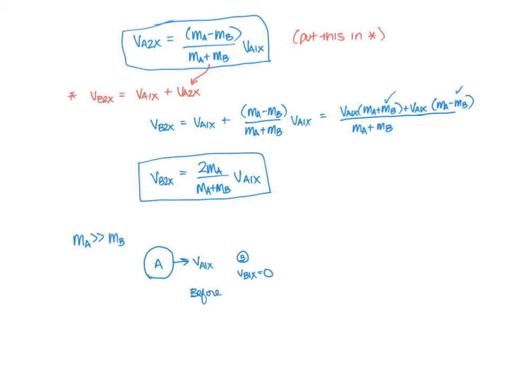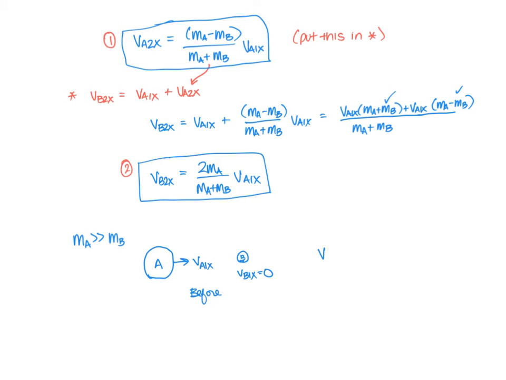So if mass A is a lot bigger than mass B, when I look at my first equation, let's number them again. I'm going to restart, and this one is 1, and this one is 2. When I look at equation 1, I can basically neglect the mass of B compared to the mass of A, so I can almost treat mass of B as 0.